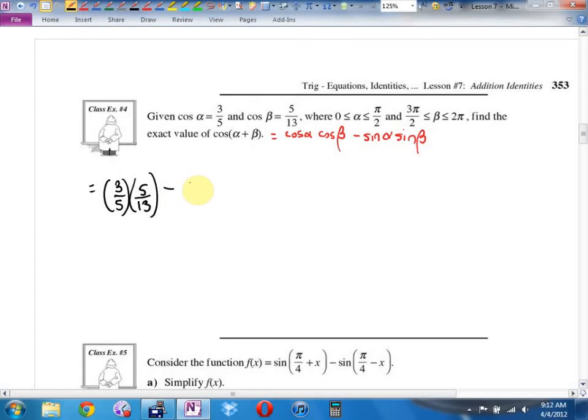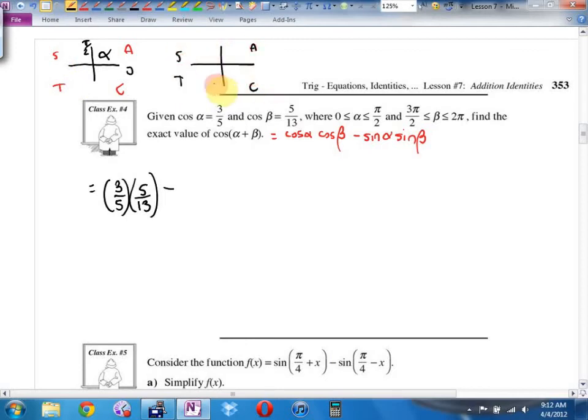Okay, first of all, where is alpha? It says alpha is between 0 and pi by 2. Alpha is sitting right there somewhere. C-A-S-T. And where is beta? C-A-S-T.